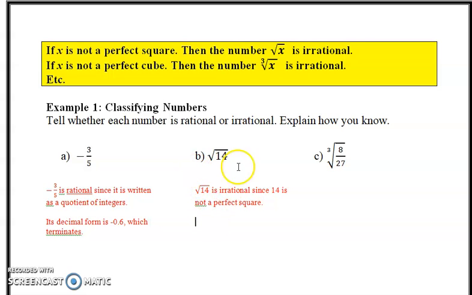Another way you can do it is you can calculate it. So you can take this value and plug it in your calculator.